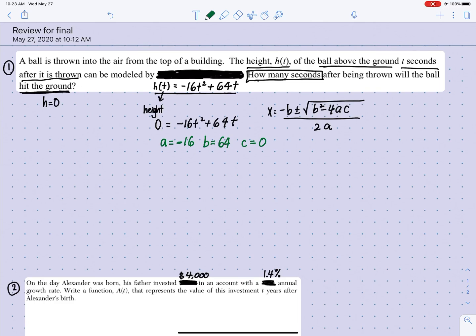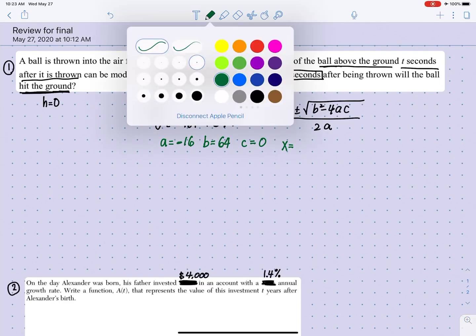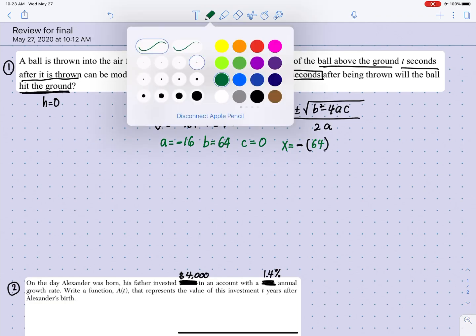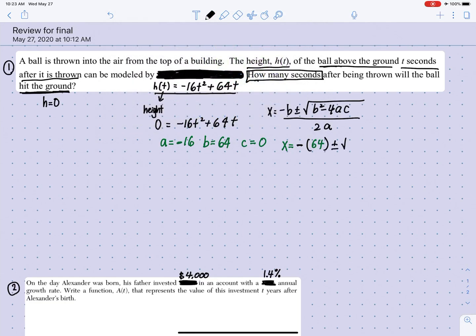So one thing you need to remember is when you're substituting the values of a, b, c into the quadratic formula, you must put parentheses around the values. So here I will put x equals negative, and when I'm substituting the b value, I'm putting parentheses and then I'll put the b, plus or minus the square root.